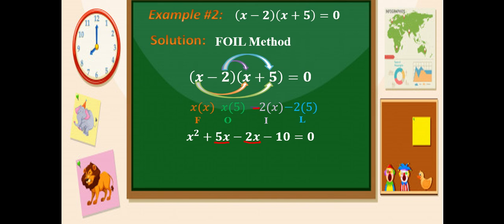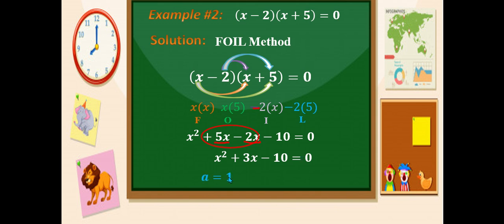Okay? So, combine lang natin, class, para makuha natin yung final answer. So, what is 5x? 5x minus 2x. Okay, so 5x minus 2x, that is 3x, right? Okay, so for the standard form, we have here x squared plus 3x minus 10 equals 0.